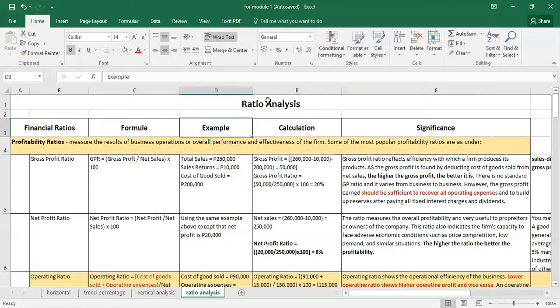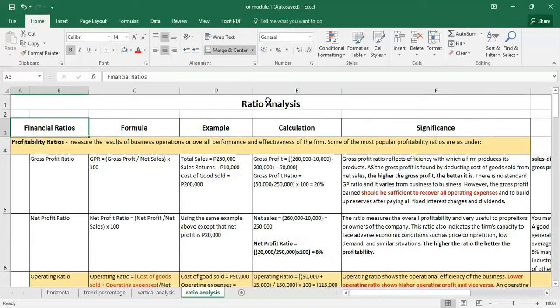Meron tayong mga FS na tinatawag na discuss natin before. Meron tayong balance sheet, income statement, cash flow, and so on. Itong mga financial statement na to, hindi natin maiintindihan kung hindi natin na-applyan ng analysis, and one of the tools ng analysis natin is the financial ratio.